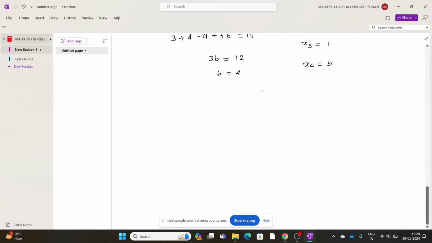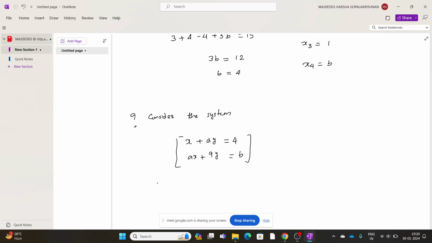So the next question. We will consider a system of equations: x plus ay equal to 4 and ax plus 9y equal to b. a, b are some unknown values, we don't know.